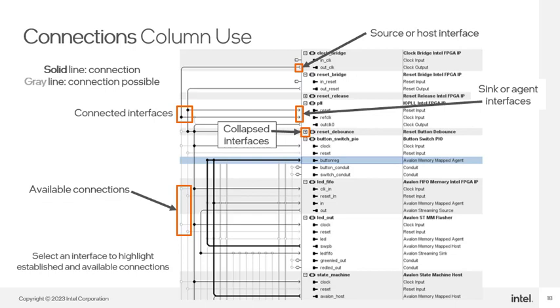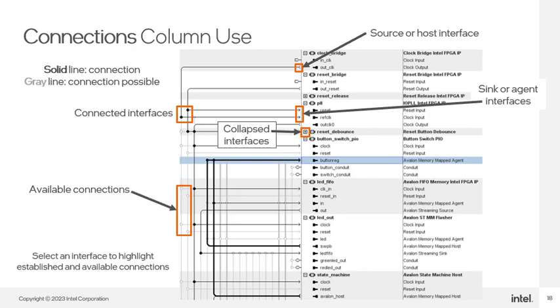An arrow pointing into an interface indicates that it is an agent, clock input, reset input, sink, or receiver interface. Selecting these types of interfaces, as shown here, highlights in black the connection lines back to whatever interfaces are connected, and possible connections highlighted in gray.